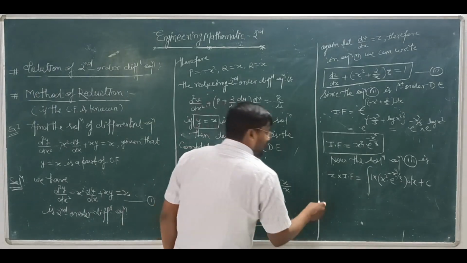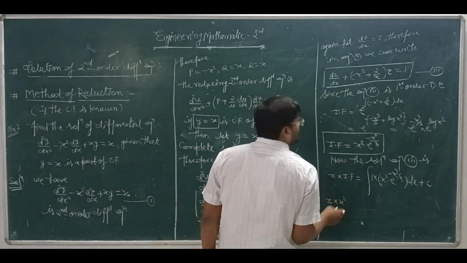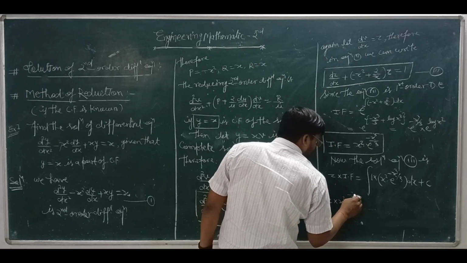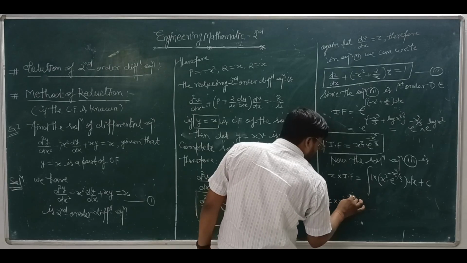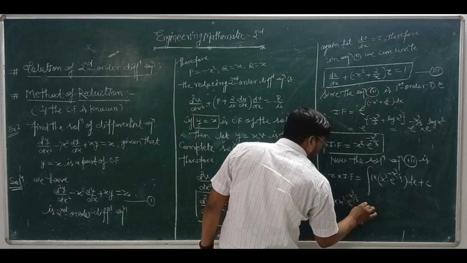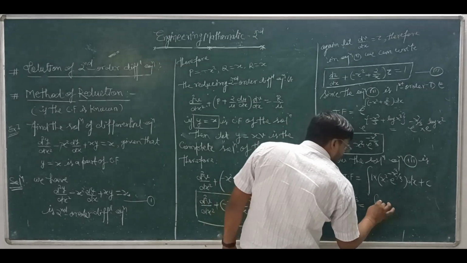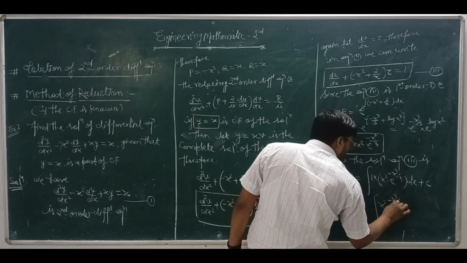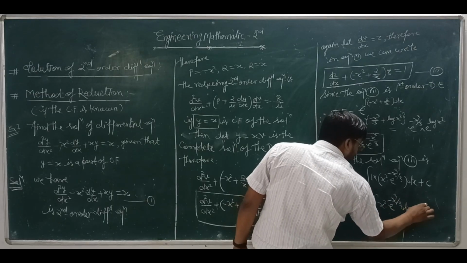Now you can write z into x square into e to the power minus x cubed upon 3 is equal to the integration of x square into e to the power minus x cubed upon 3 dx plus c.